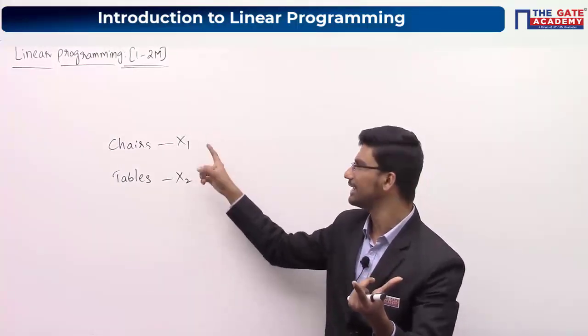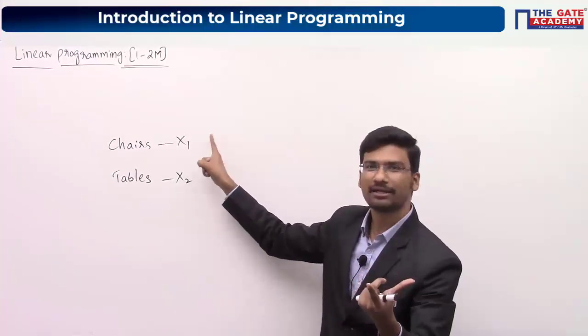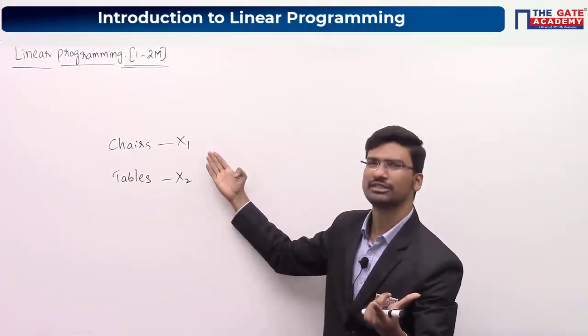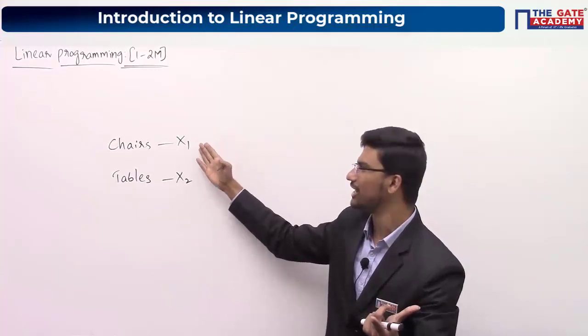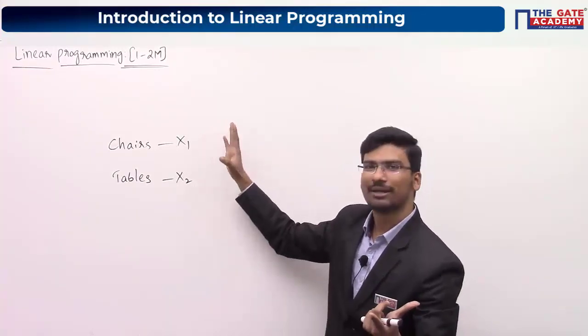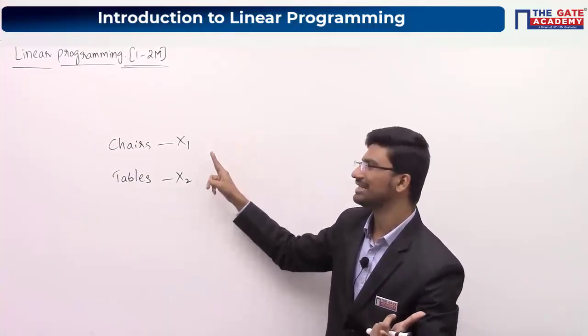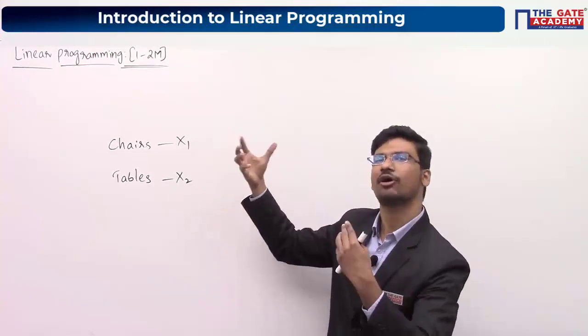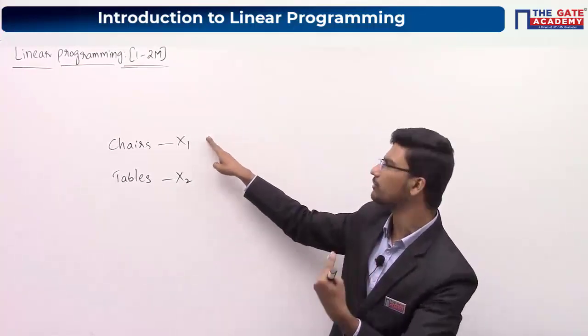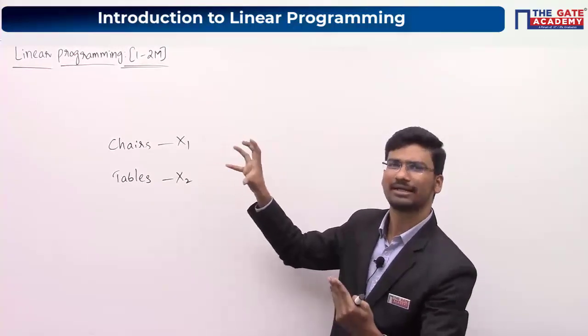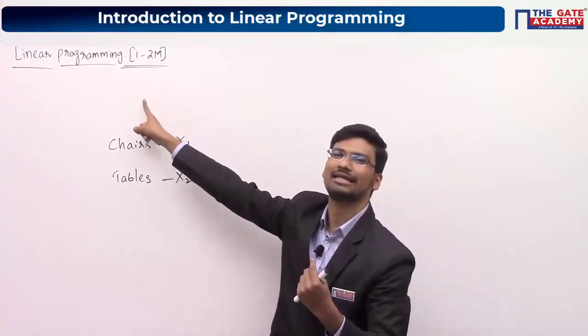That means it depends on how many units of chairs and tables you are manufacturing. So ultimately you have to find out these two variables using some mathematical tools and techniques, which is linear programming.